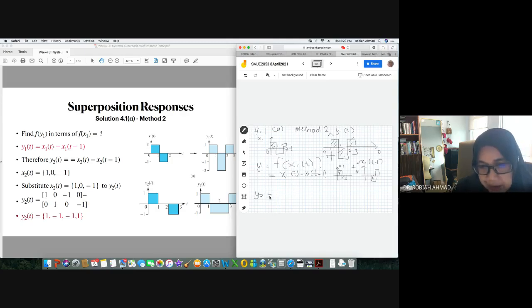This is also the relationship for y2 and x2, so y2 is x2(t) minus x2(t minus 1). We put in the x2 value, which is 1, 0, minus 1, since it will shift, so we get ready here. Not plus, minus.